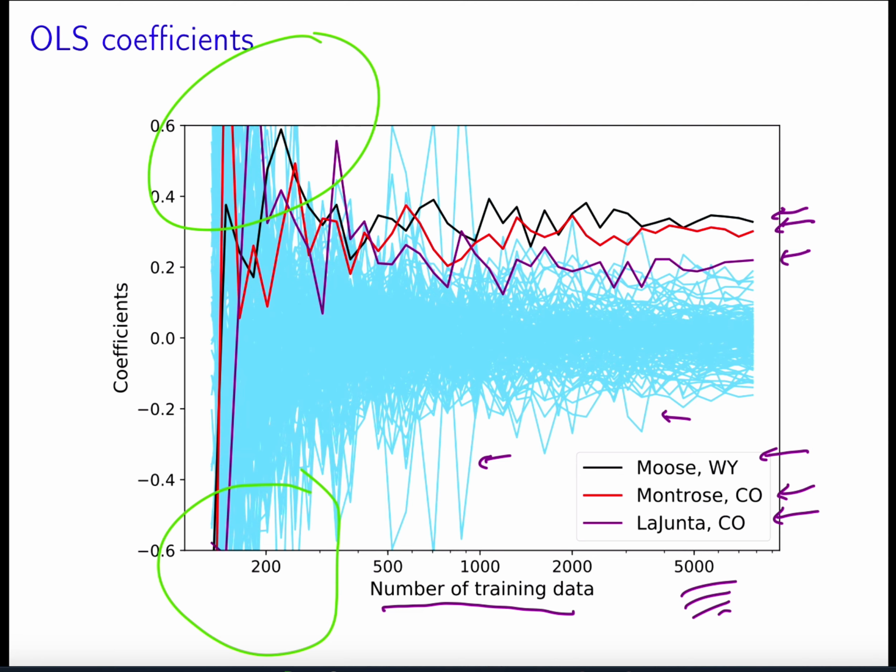This is typical of overfitting in linear models, where you try to fit the noise. This would be a good moment, if you haven't checked out the video on training and test error, to go back there and check it out. We saw that when you do ordinary least squares, if you don't have enough data, and here we have very little data, you tend to overfit the training data, which means that you're fitting the noise that is present in the training data.